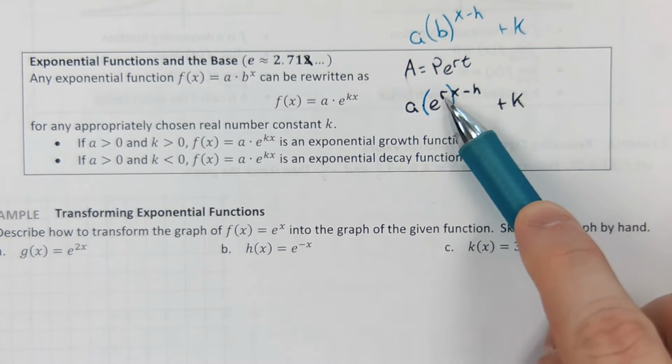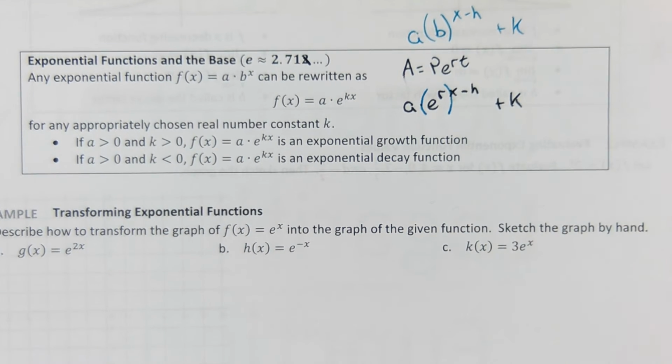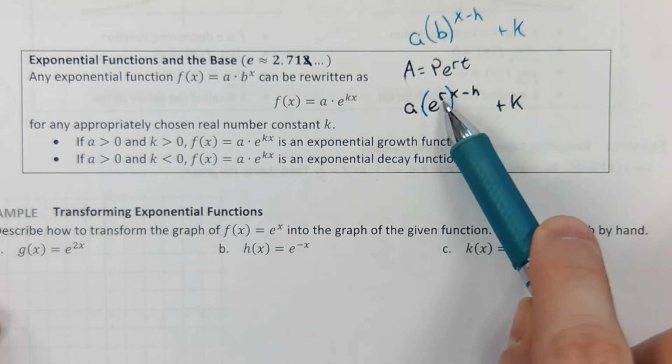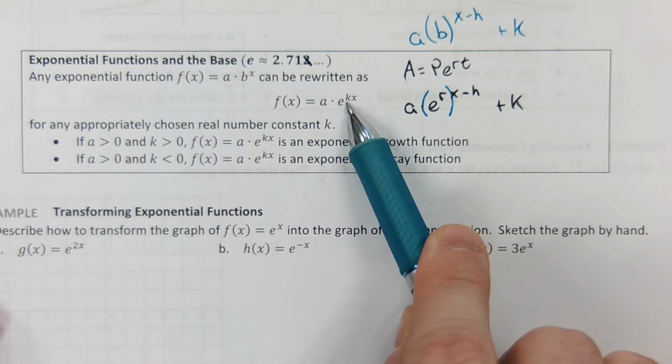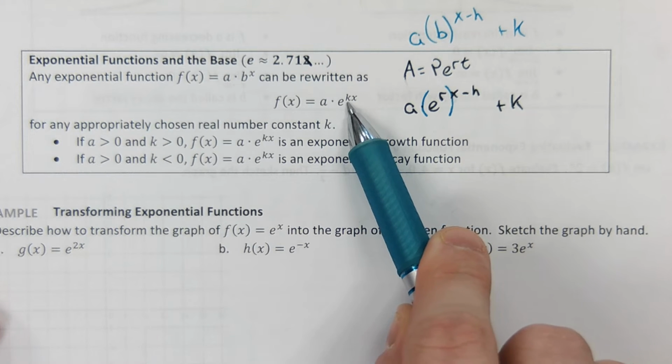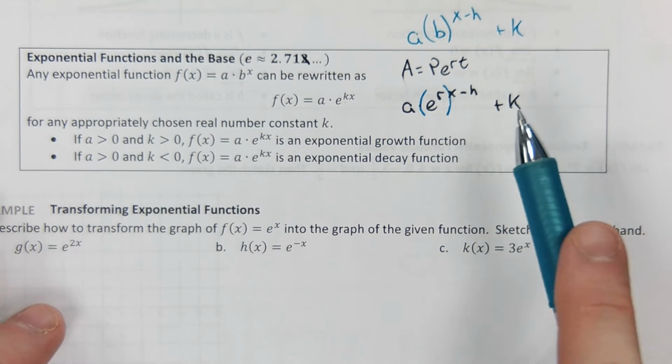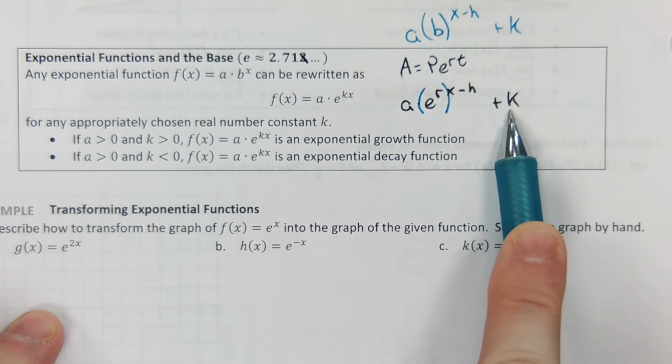Which means if r, or k, is negative, you're going to get 1 over e to the whatever letter, which is now going to evaluate to a number between 0 and 1, which is why you're going to get decay. So if this right above the e is positive, growth. If this number right above the e is negative, decay. Other than that, horizontal asymptote stays the same.